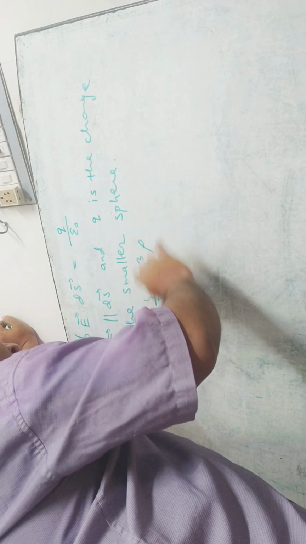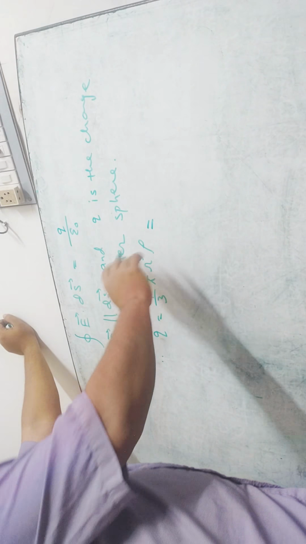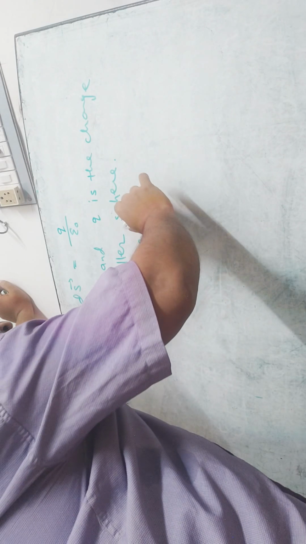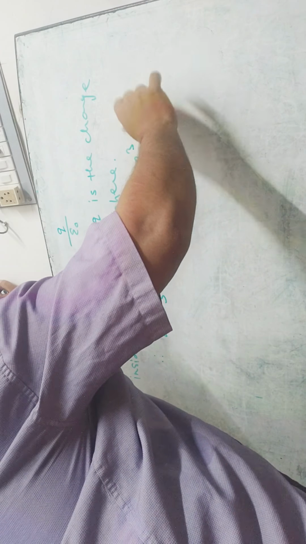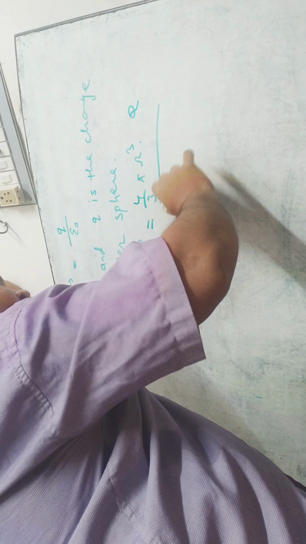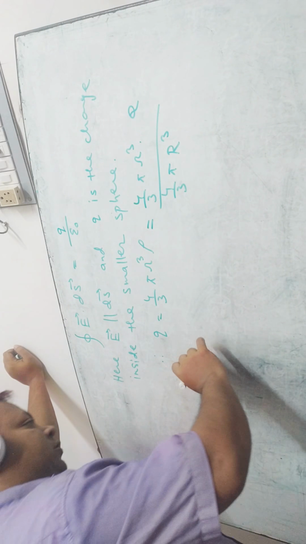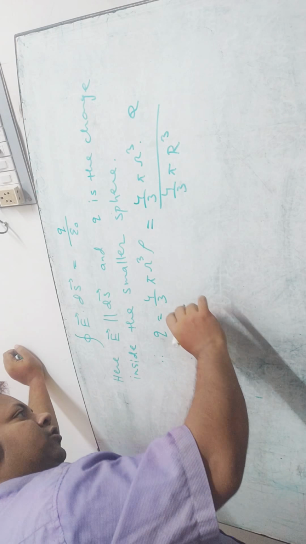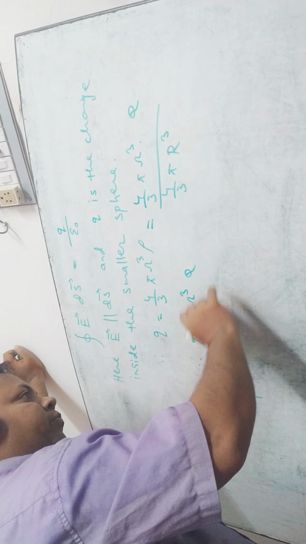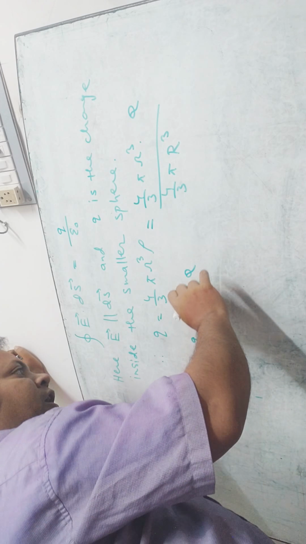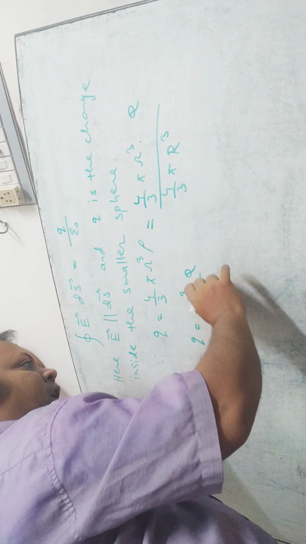We can write the value of rho in terms of capital Q. Therefore, 4 by 3 pi r cube into capital Q by 4 by 3 pi capital R cube. Therefore, small q is equal to small r cube, capital Q by capital R cube.